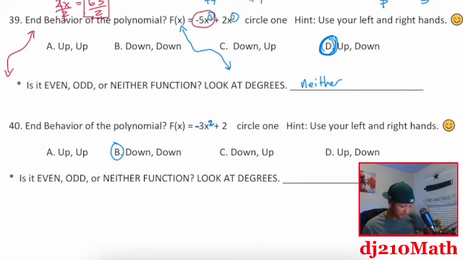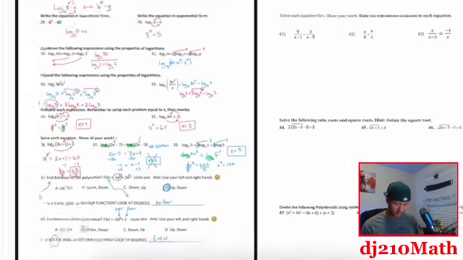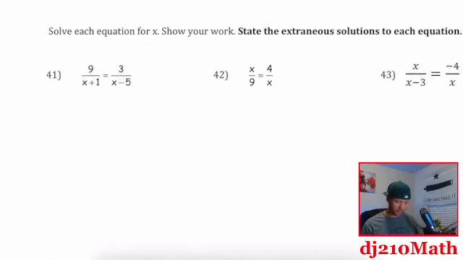I guess is what it's trying to say. Even, odd, or neither. Well, if you look, X squared is even, and a constant is treated as an even. We say that it's even. So this is even. We're almost there. Nine more problems. Let's go.